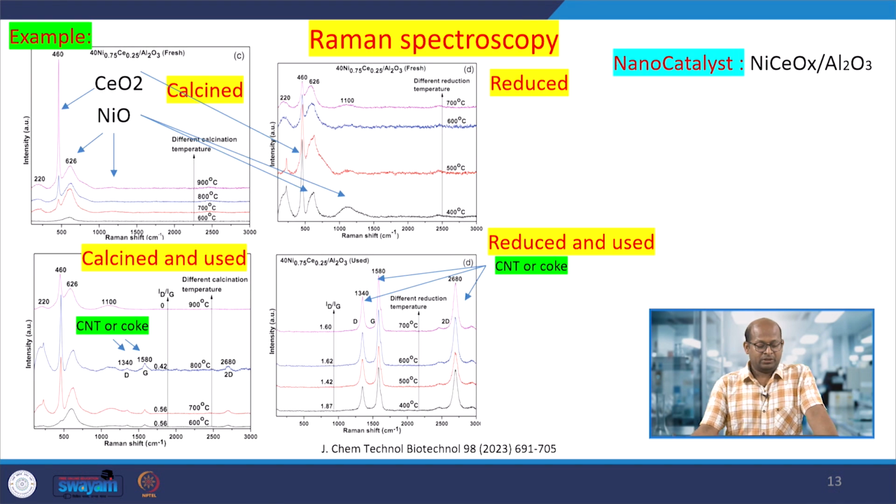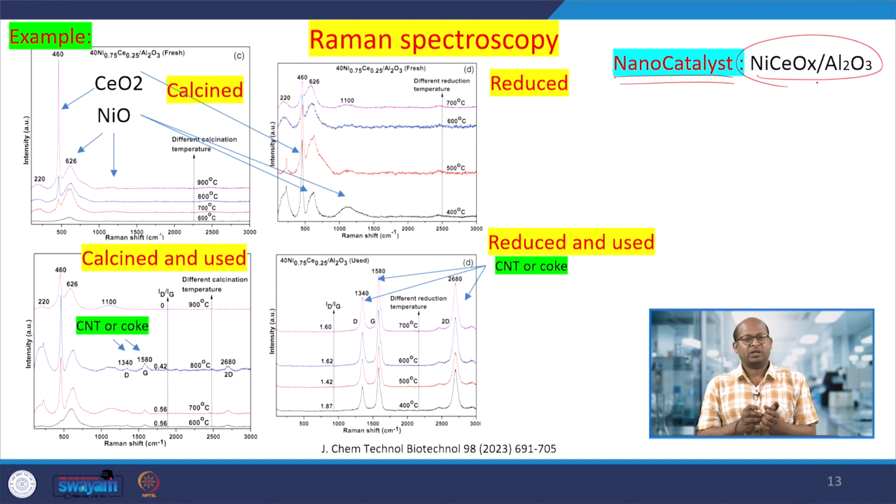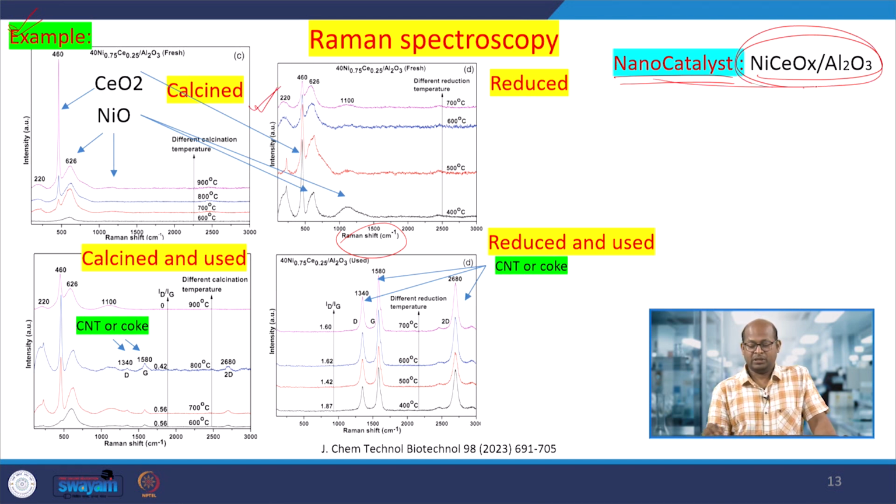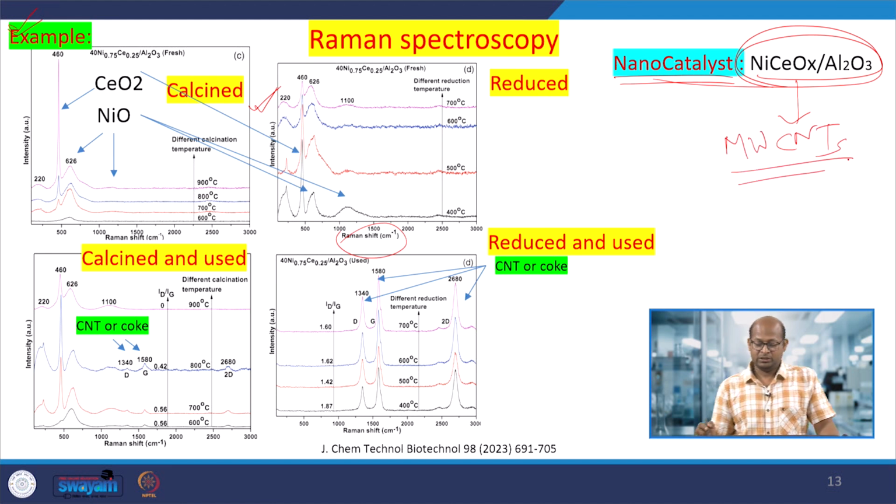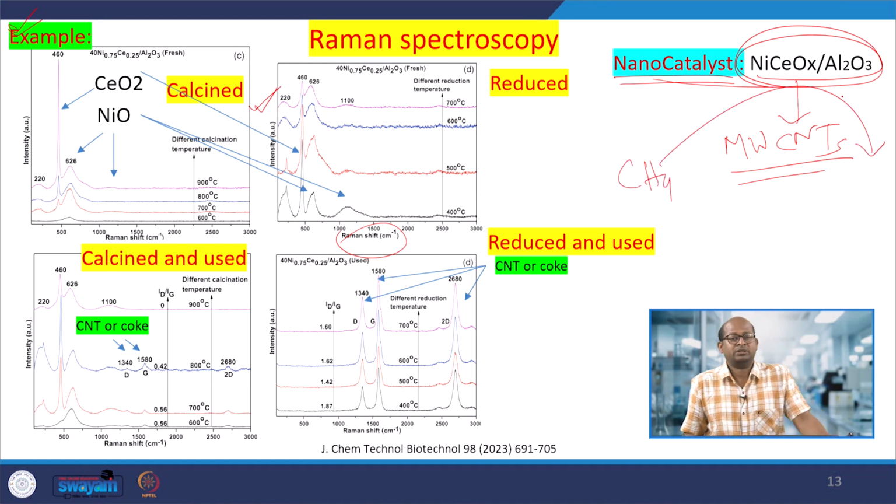Okay, so here, let's say a nano catalyst was taken, a nickel ceria alumina nano catalyst that was prepared. For example, we are showing the Raman shift and intensity that we get for the nano catalyst that was used for the preparation of multi-wall CNT. This catalyst was used, and then CH4 was passed through the sample at high temperature, so multi-wall CNT was deposited on the sample.